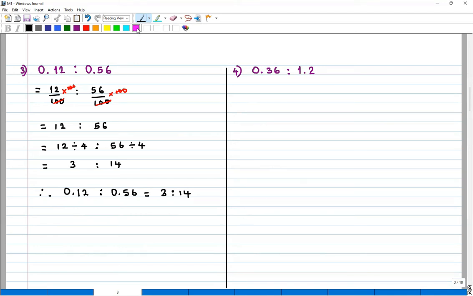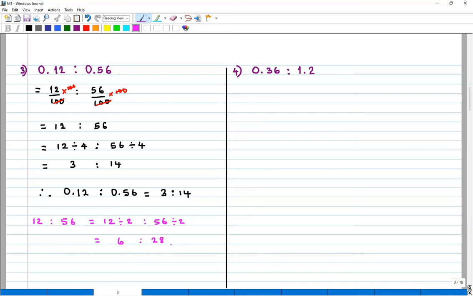someone may come and say that, okay, I have 12 to 56, and you say, okay, I will divide it by 2. So you get 12 divided by 2 to 56 divided by 2. Now, this will give you 6. Okay? 56 divided by 2, you'll get 28. But you will see that 6 to 28 is not the simplest form.